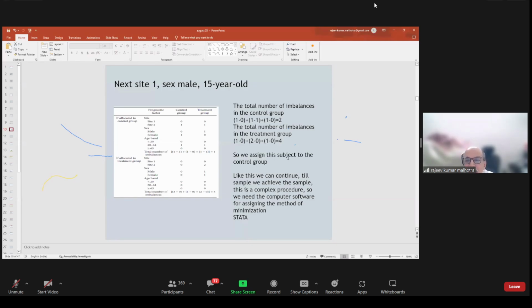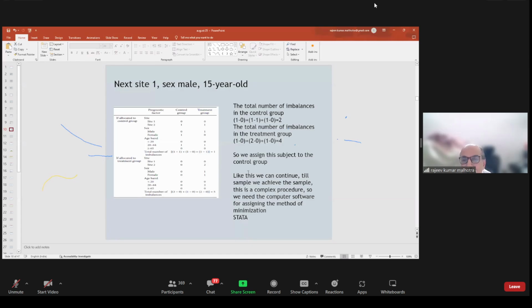So we assign this third patient into the control group. The same sequence we will continue until we get the desired sample size. I am again telling you, this is a complicated method, so you can use statistical software.